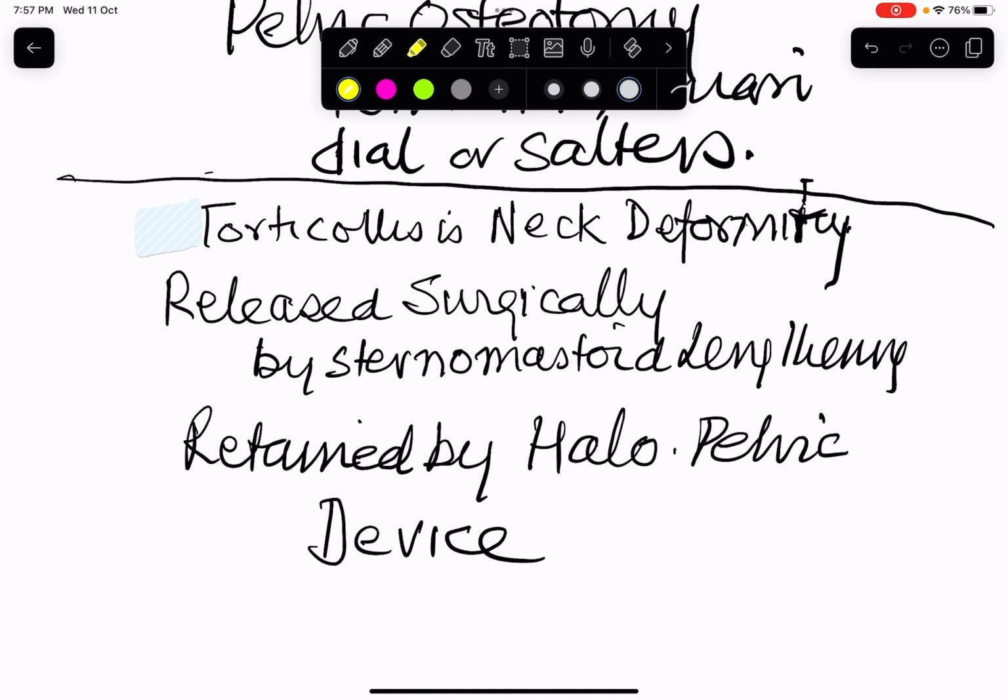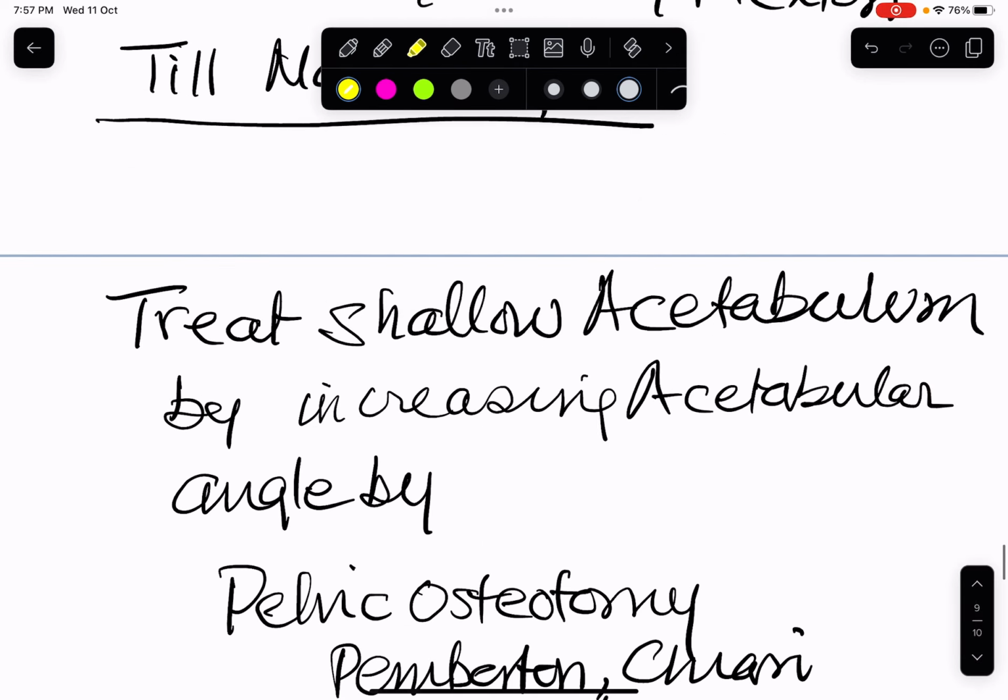So if there is a contracture, you have to release the sternocleidomastoid, and you have to retain the correction by the halopelvic device, which actually makes the opposite sternocleidomastoid contract, so that the length of the affected sternomastoid is gained. So this was about today's lecture.